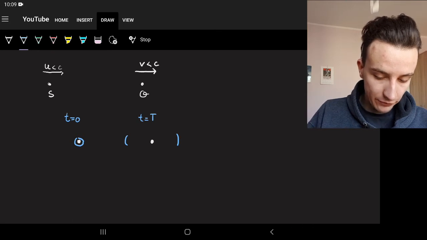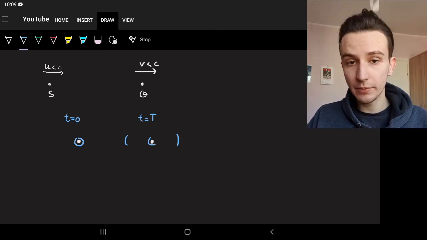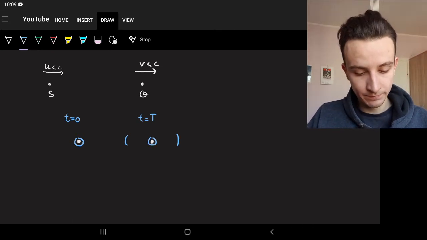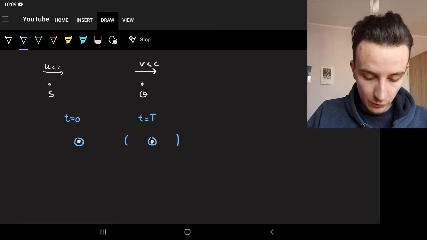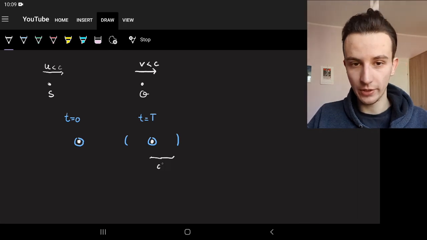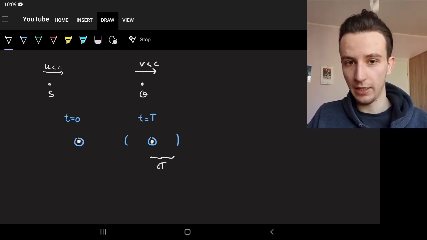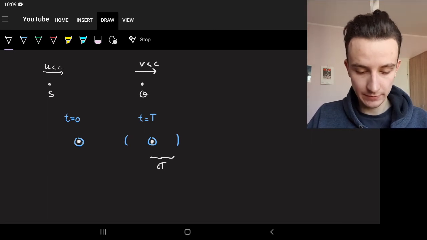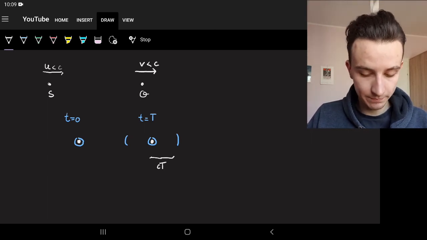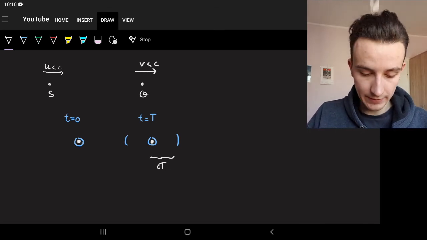And it's beginning to fire a new wave, right? This would be if it were stationary. So if it were stationary, this would be cT, right? The speed of the wave times how much time it has traveled, that's the distance traveled by the wavefront. And this distance is definitely cT.